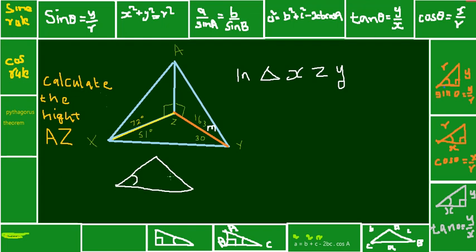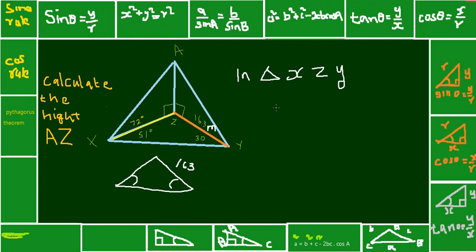It has this angle, it has this angle, and then it has this. We are looking for this one, but we just have to solve some of the sides. We just have to find ZX, this distance is ZX.